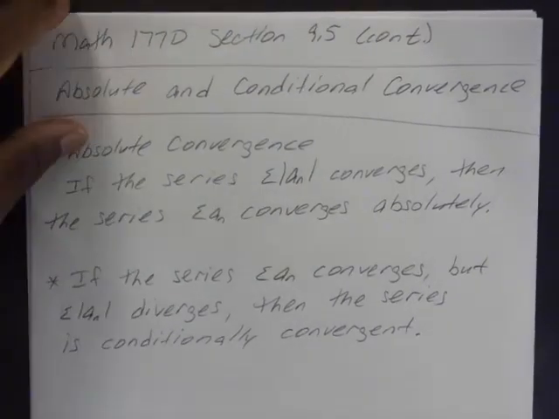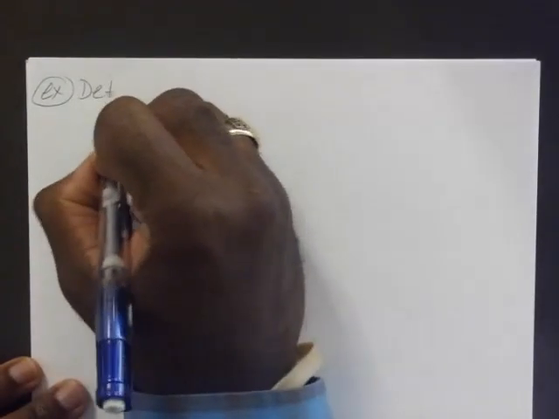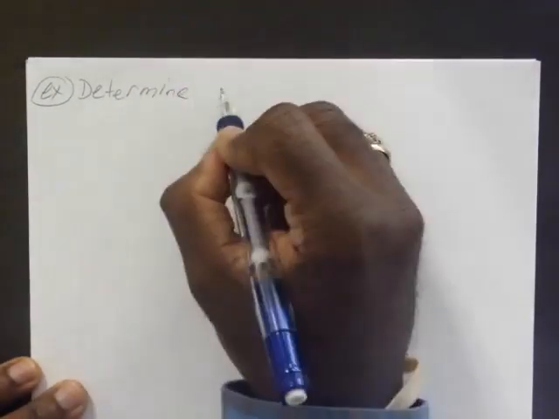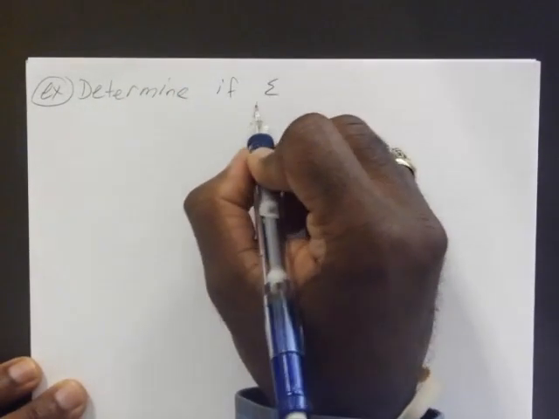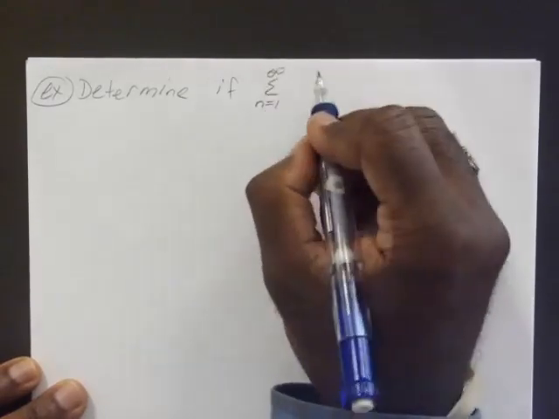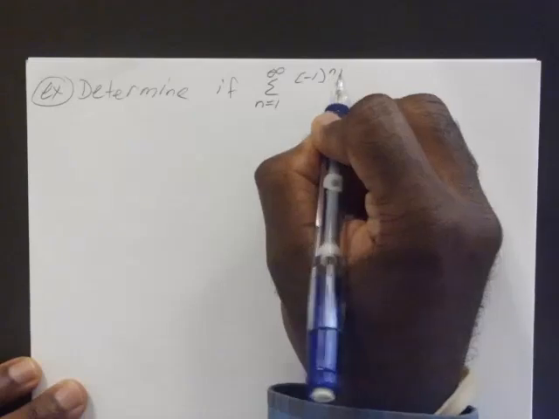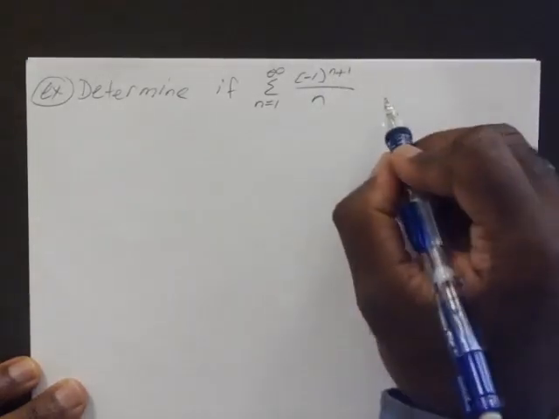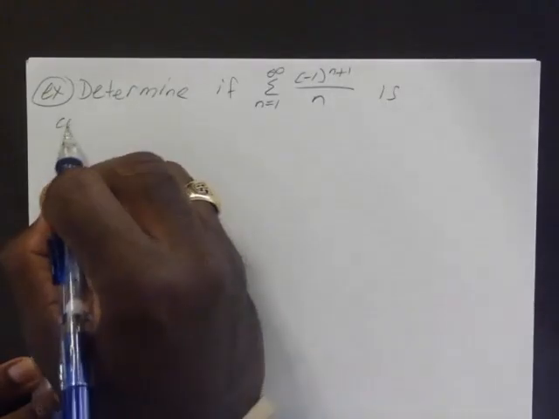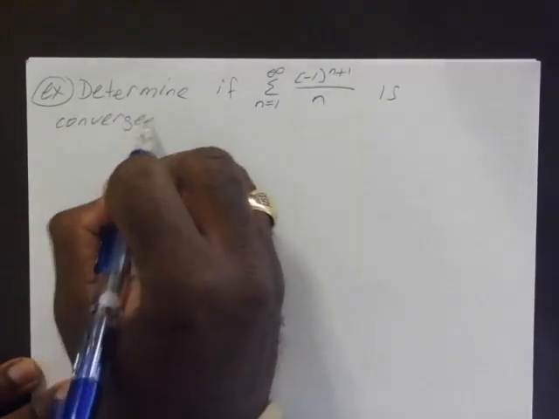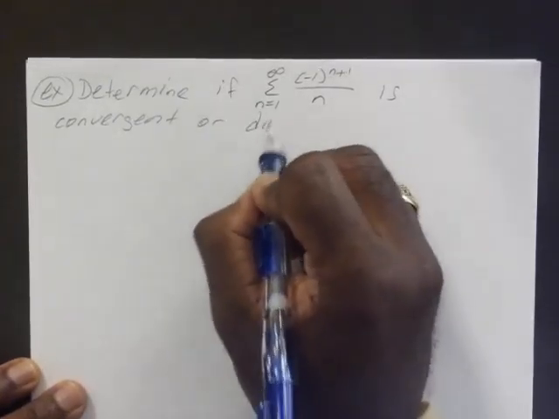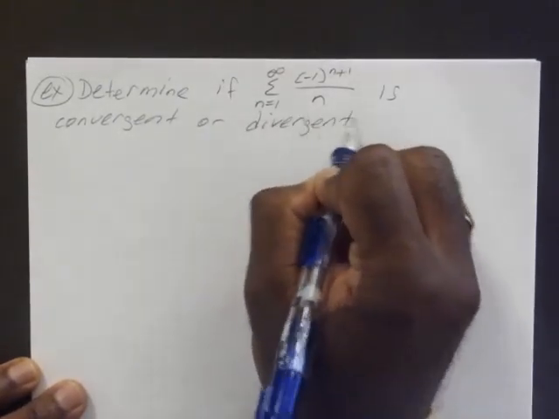All right, so let's say, for example, if we wanted to determine if the sum from n equals 1 to infinity of negative 1 to the power of n plus 1 divided by n is convergent or if it diverges, is divergent.